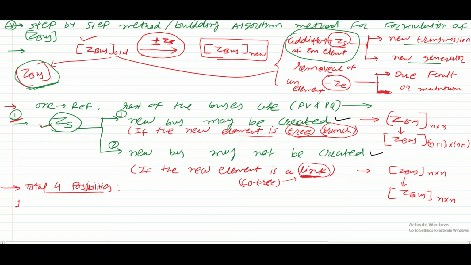The first possibility is addition of tree branch ZS from new bus, say bus name Q, to reference bus.